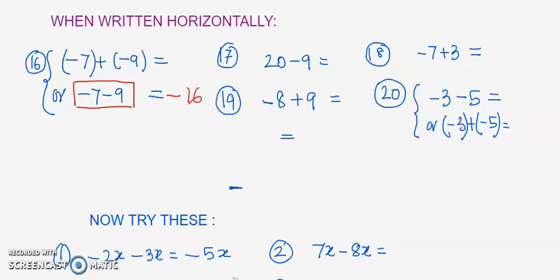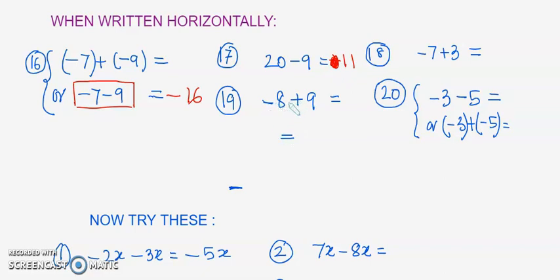Similarly, in question number 17, you have +20 and -9. So we will give the positive sign, and 20 minus 9, we will find the difference of the two, that is 11. We usually don't write positive signs, you can cancel this.